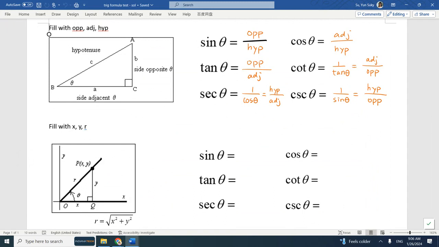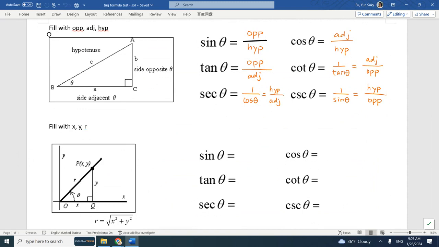Yes, everybody? So once you remember this, you draw the picture. You know, x is the horizontal distance, y is the vertical distance, and the hypotenuse is the r. And do you remember the size of a right angle triangle?